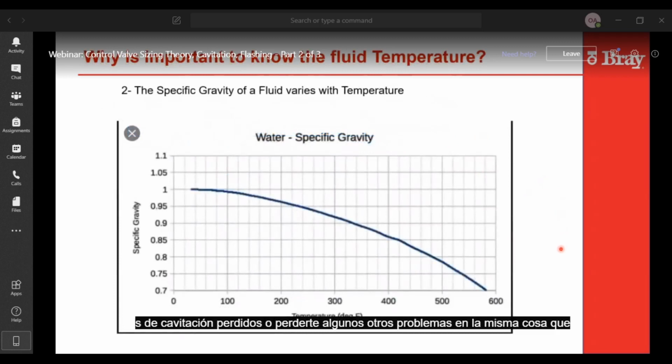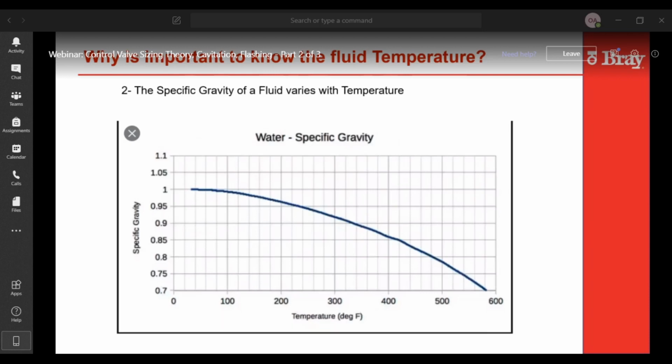And the same thing holds true with some of the other fluid characteristics. The temperature, and this is water, the higher the temperature of the water, the specific gravity changes as well. If you have some other fluids, it may be a more dramatic change than this.